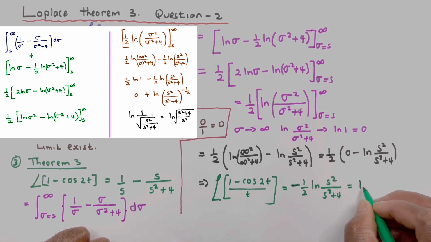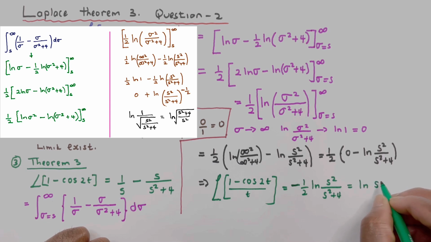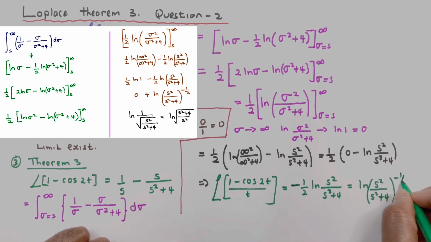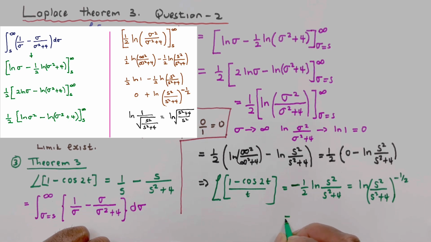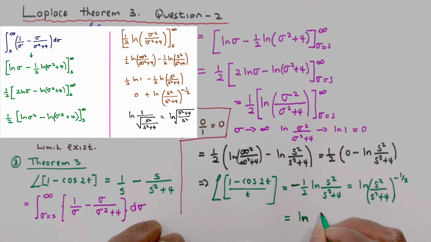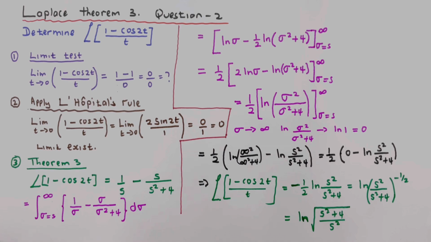You take the minus to the power, so ln s squared over s squared plus 4 all to power minus a half using logarithm rule. And you're going to get ln of the square root of s squared plus 4 over s squared. And that's the Laplace of 1 minus cos 2t over t.